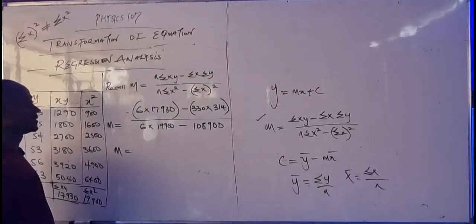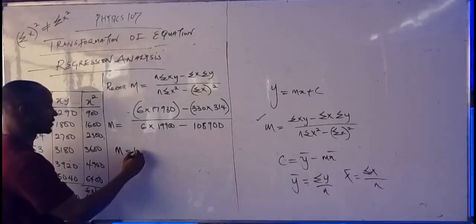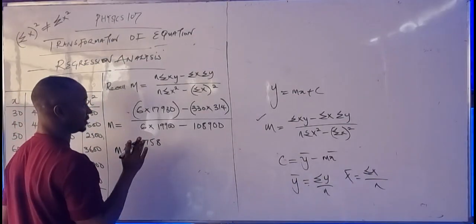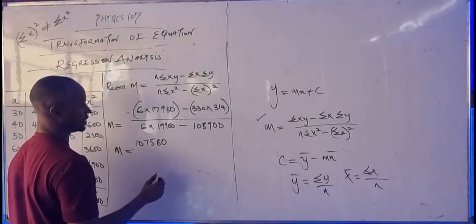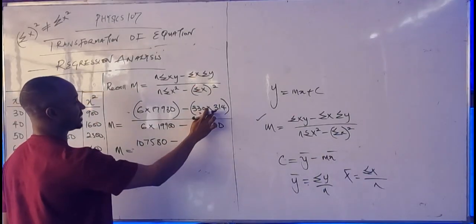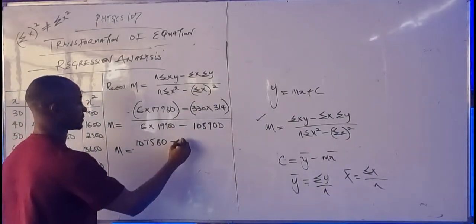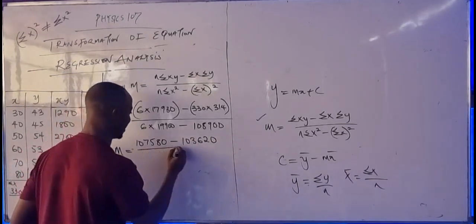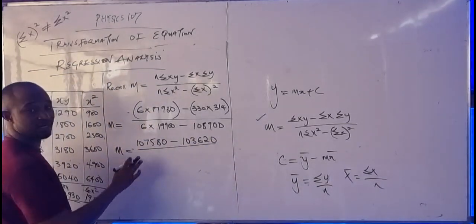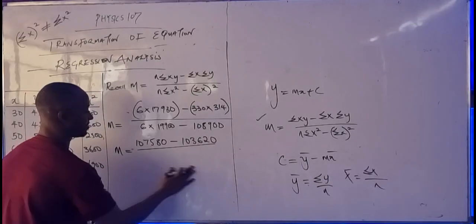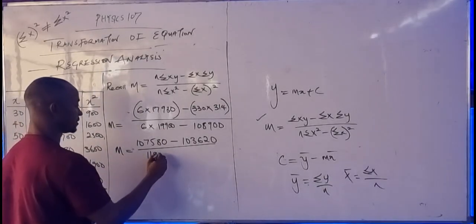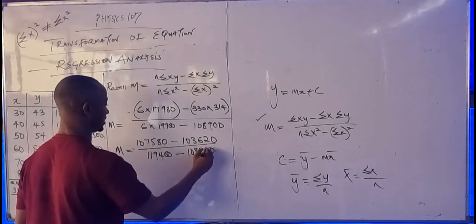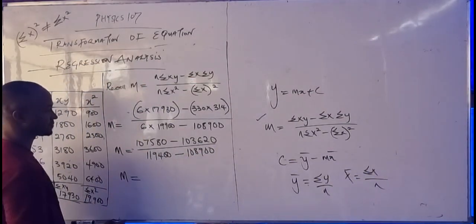Multiply this for me. 10758, then 80. Minus, multiply 330 by 314. What do you have? 103620. Divided by what there? Multiply this; 119400 minus 108900. So what's the slope here?